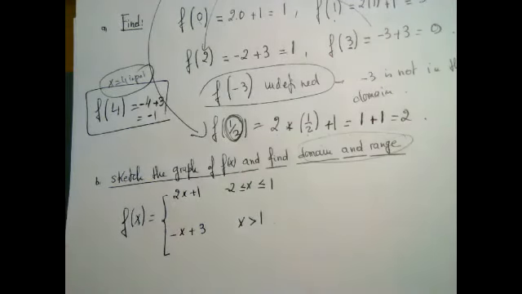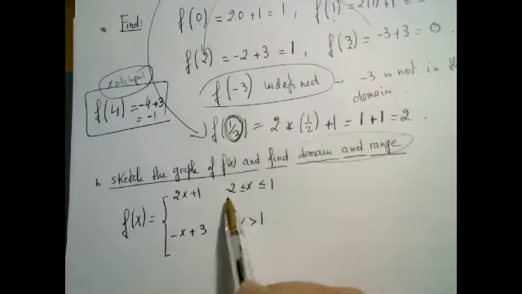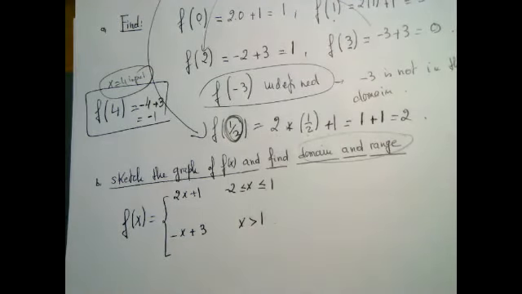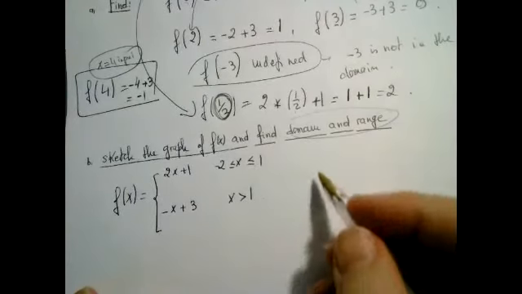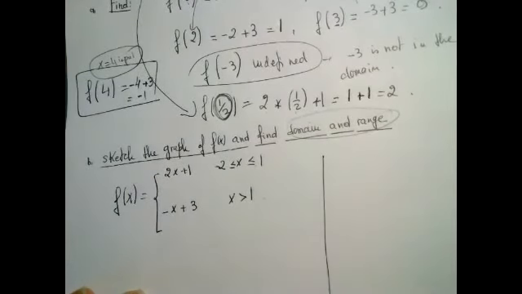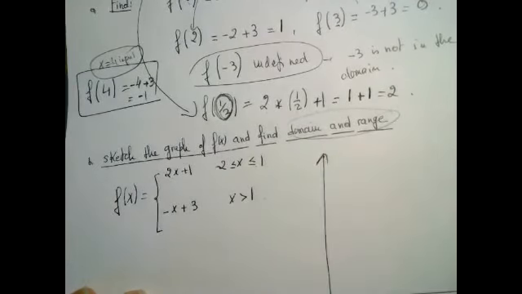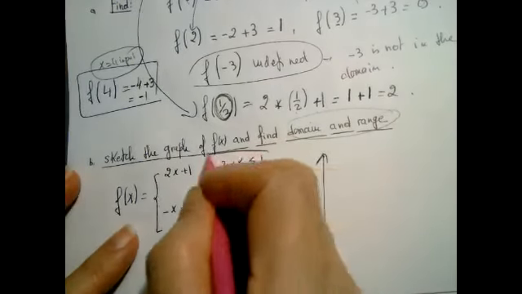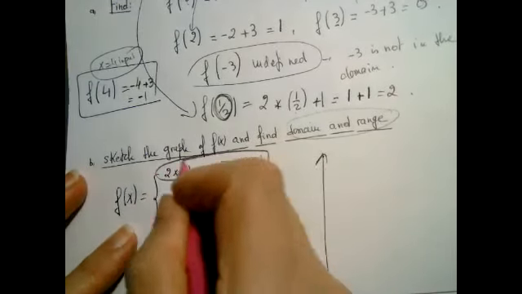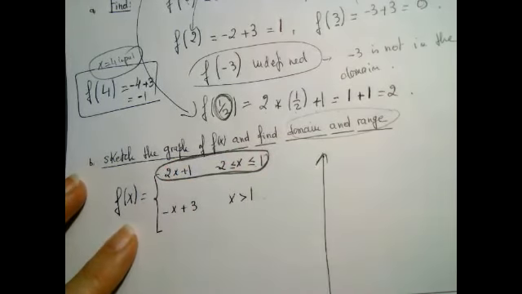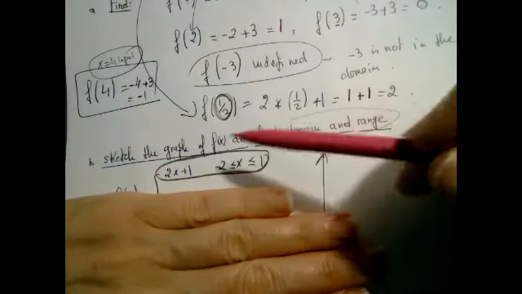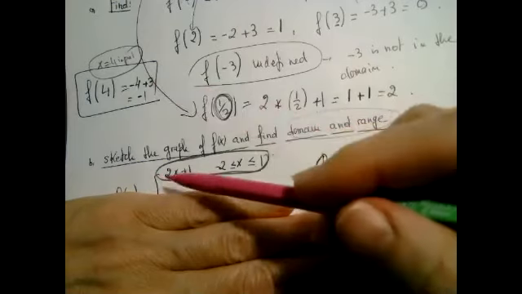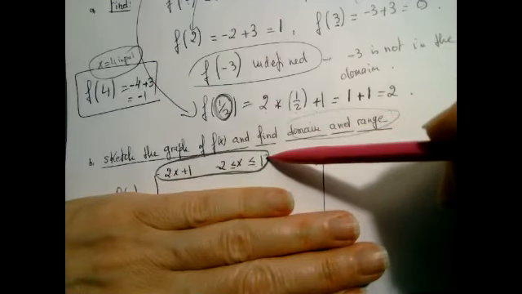We have 2 different rules depending on x. So to sketch the graph, we're going to first sketch this piece by itself, between -2 and 1, because the output is 2x plus 1 between -2 and 1.